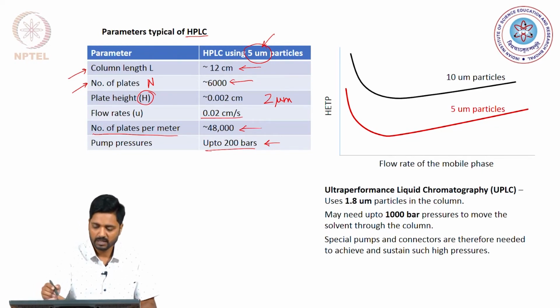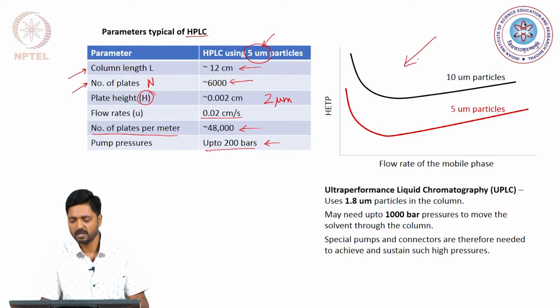Now, on the right hand side, this curve indicates how the height equivalent of theoretical plate changes as we change the particle size of the stationary phase.